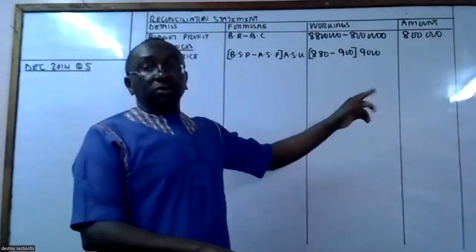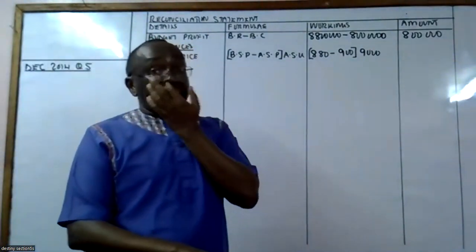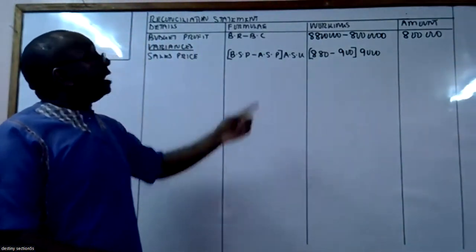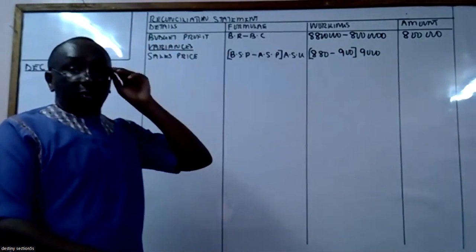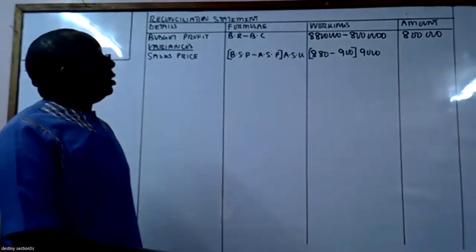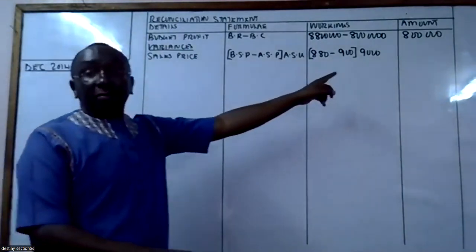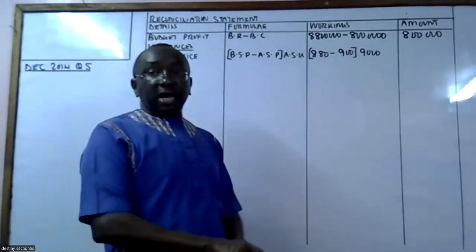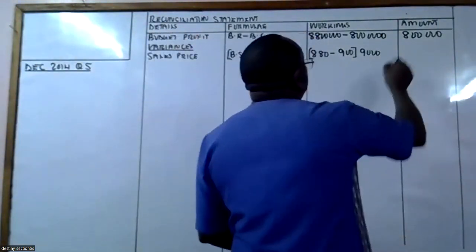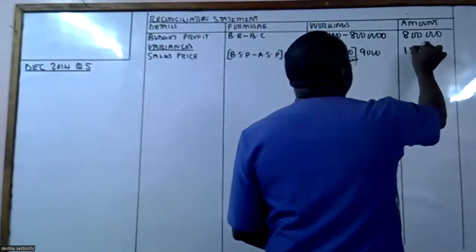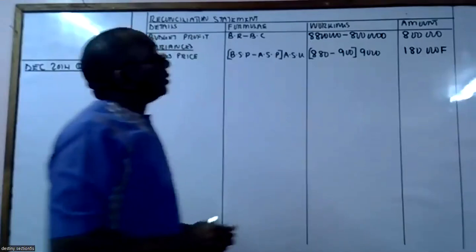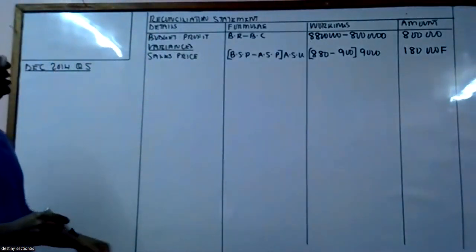But when you are here, you do not bring the negative signs, as I told you. Because finally we shall add, and if you joke around with those signs, they can easily confuse you. So because the actual price was more, we are going to have it as favorable. So it is 180,000, which is favorable.